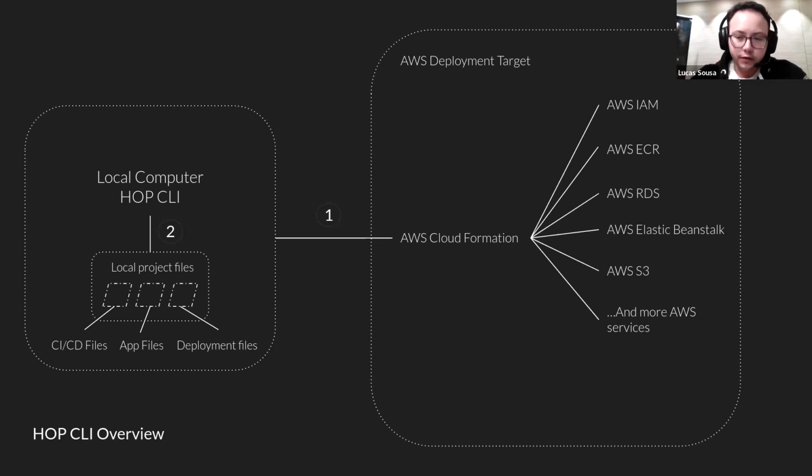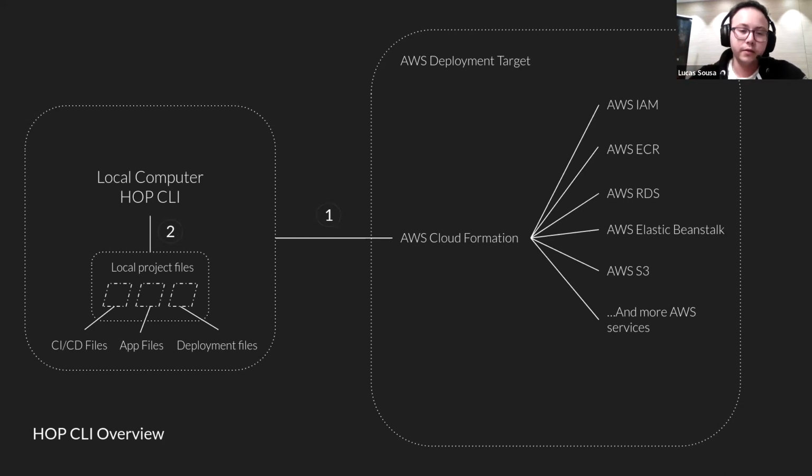So once you have set up the configuration that fits your needs, the first thing the CLI will do when it grabs that configuration is to set up the infrastructure. In this case, AWS: it uses CloudFormation behind the scenes, using the CloudFormation API to deploy or create all the services required by your configuration in AWS.